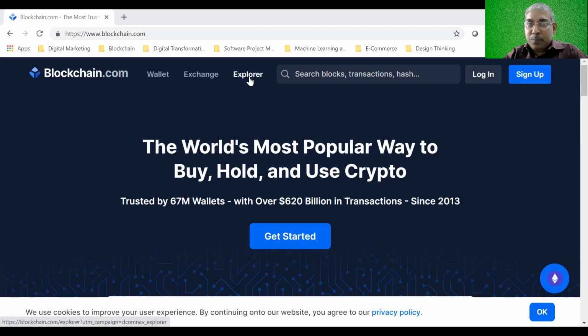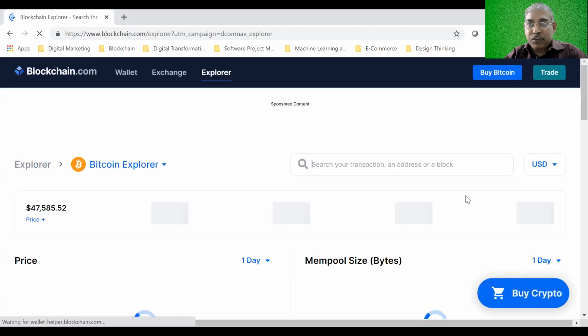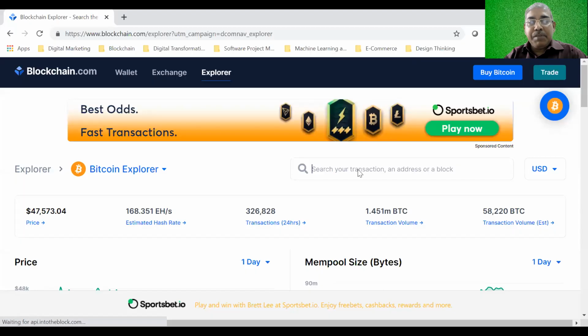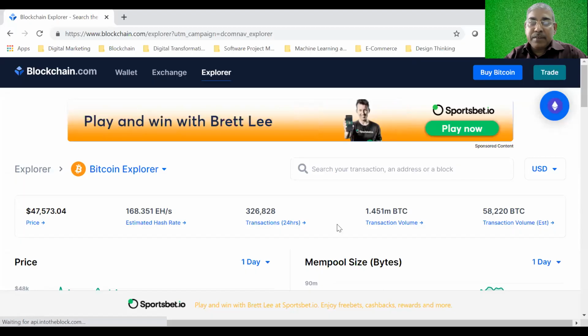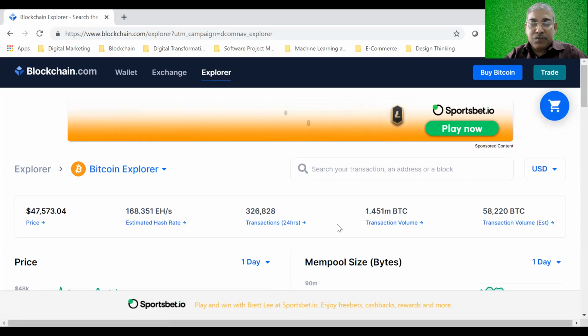Let us go to this Explorer module and explore some of the important features in the Bitcoin transaction. We'll come to a screen which looks like this. Now, while we navigate the screen, we will talk about some terms which are probably unknown to you at this point of time. Do not worry about that.